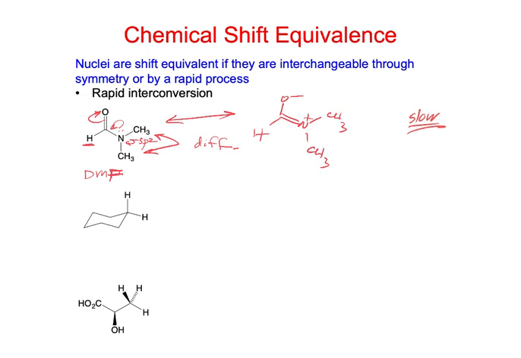Okay, so for cyclohexanes, go ahead, John. For the slow interconversion, is it basically if the T1 doesn't relax all the way? No, I don't think it has to do with the T1. It's not a relaxation process.